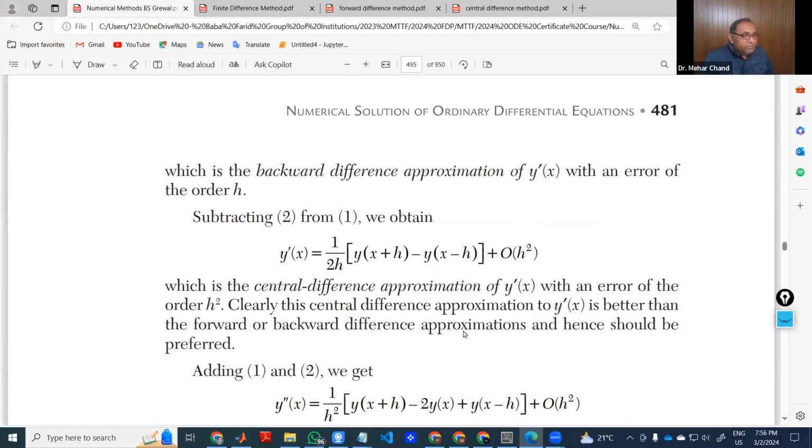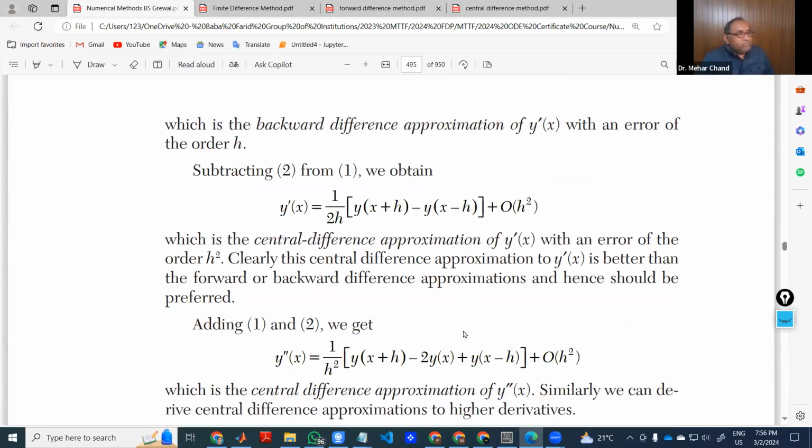If you subtract the second equation from the first, then we have y'(x) = 1/(2h) [y(x+h) - y(x-h)] + O(h²). This is the central difference approximation for y'(x), with an error of order h².